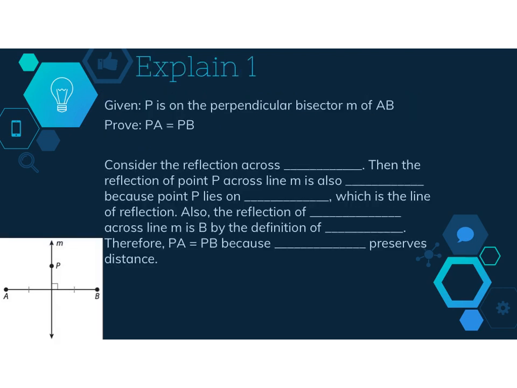All right, so given P is on the perpendicular bisector M of AB, we want to prove that PA is equal to PB.